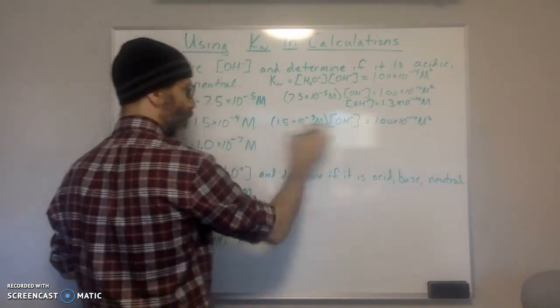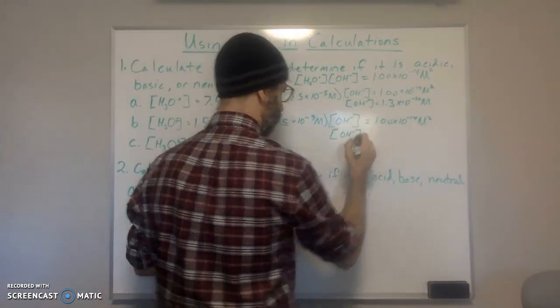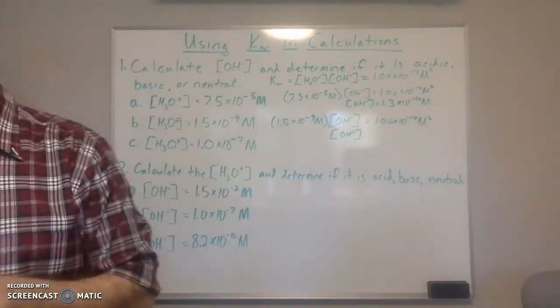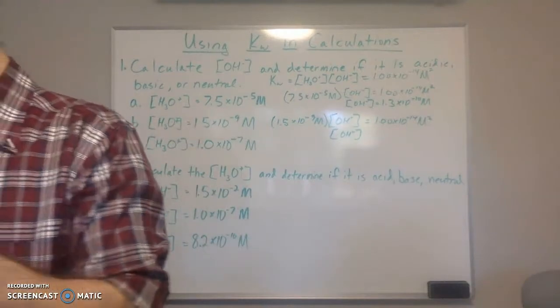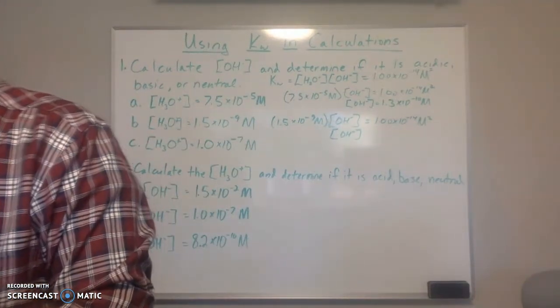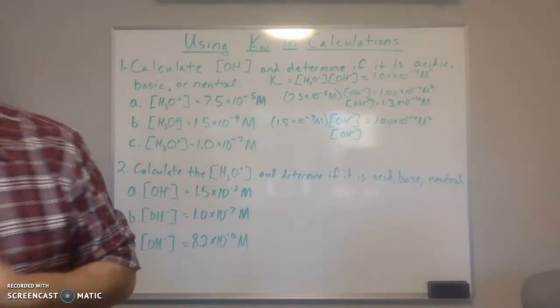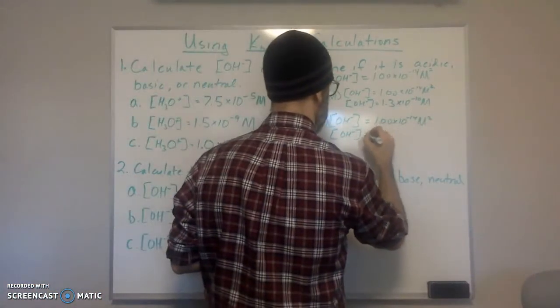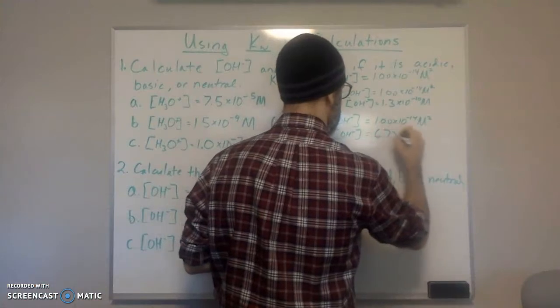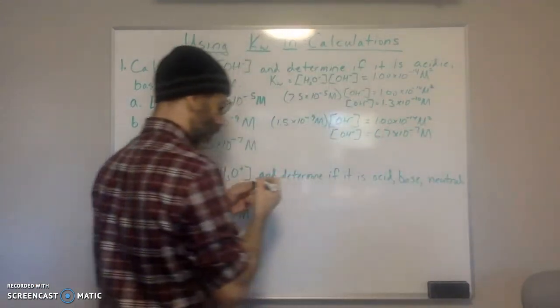We divide both sides and we get an OH minus concentration of 6.7 times 10 to the negative 7. So this becomes 6.7 times 10 to the negative 7 molar.